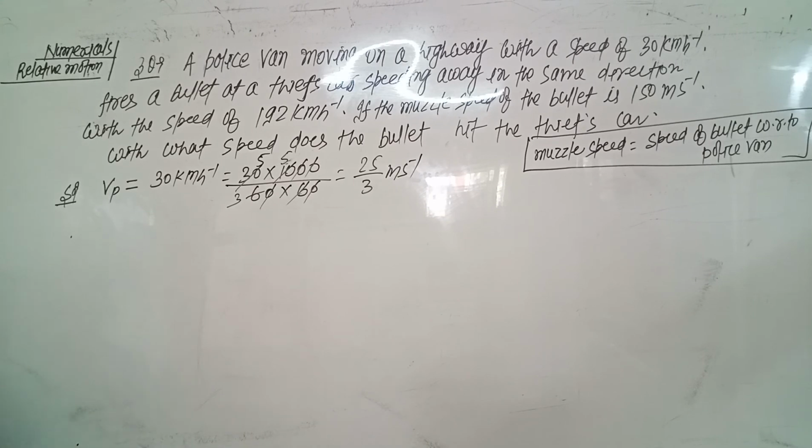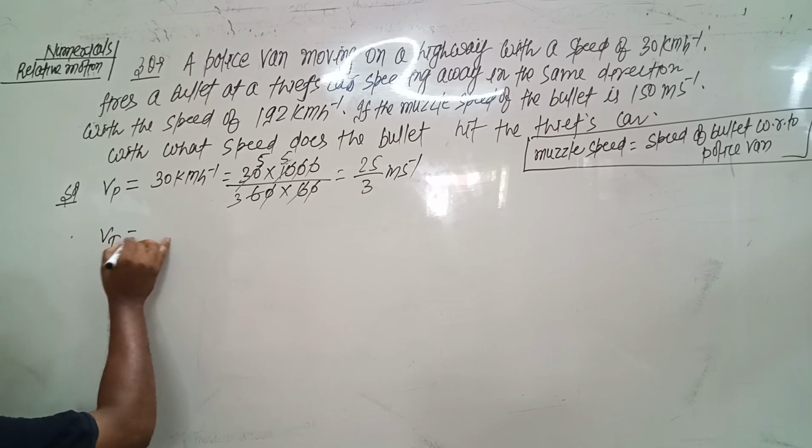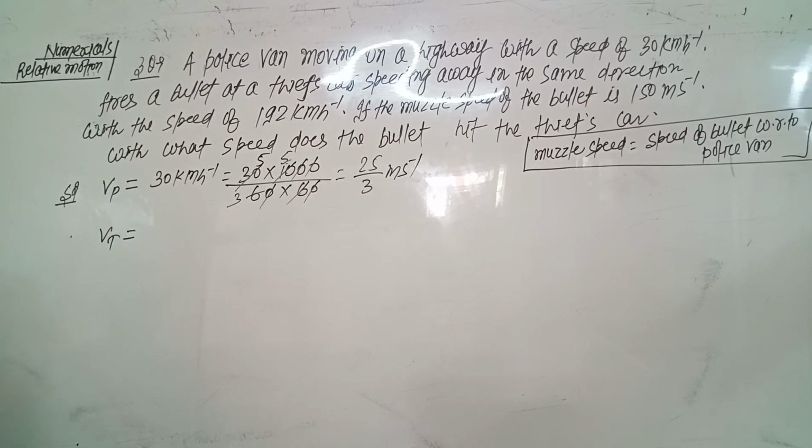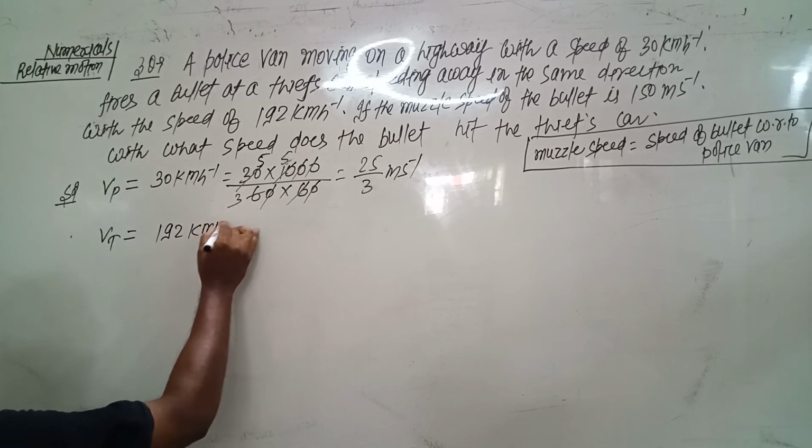So speed of police van is 25 by 3 meter per second, and speed of thief's car VT, speed of thief's car is 192 kilometer per hour.